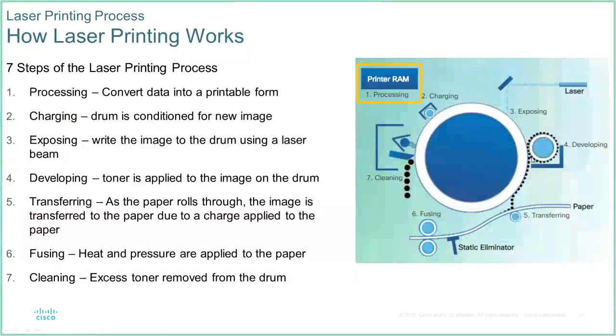The toner is rolled on to the drum, and it basically transfers across and goes through the fusing element to melt the toner in. Now, any excess toner that is still on the drum is scraped off basically, and then it just goes around.